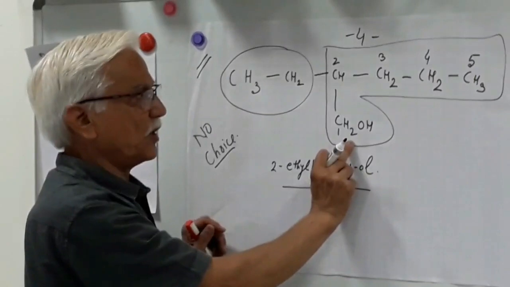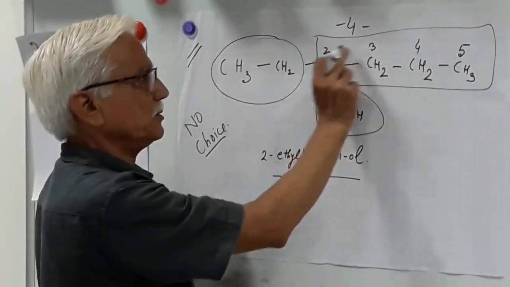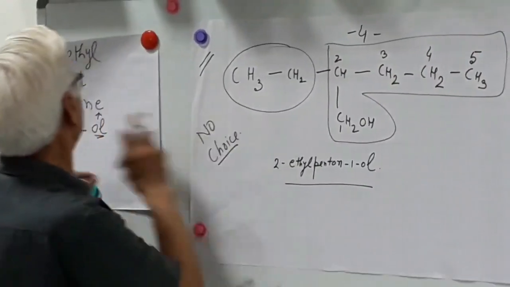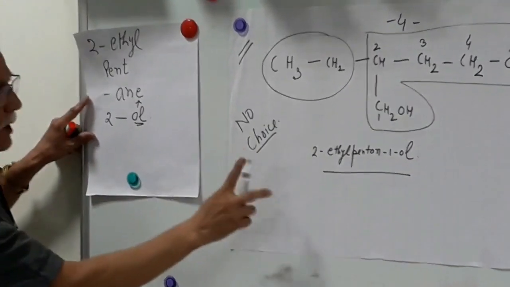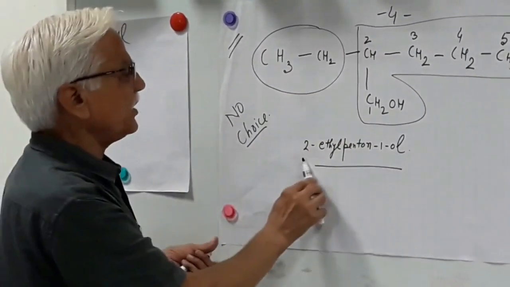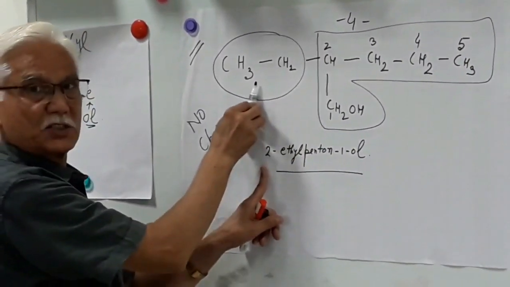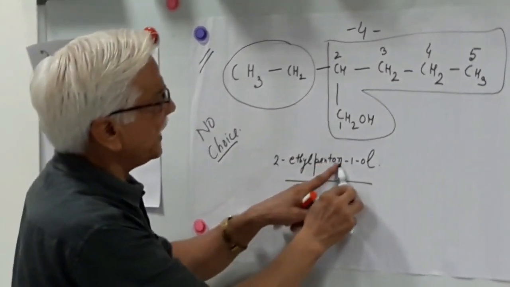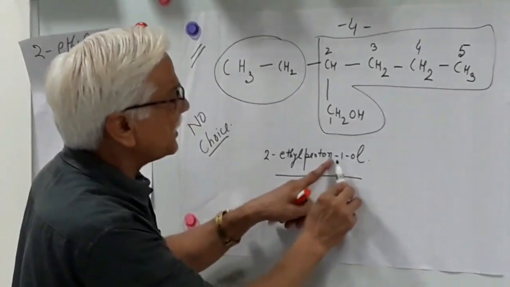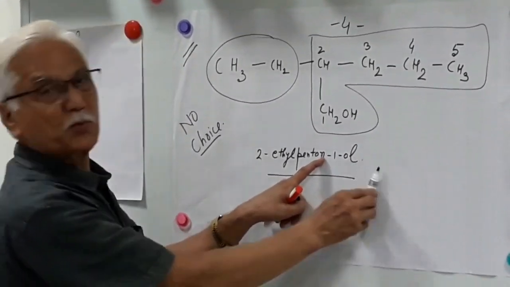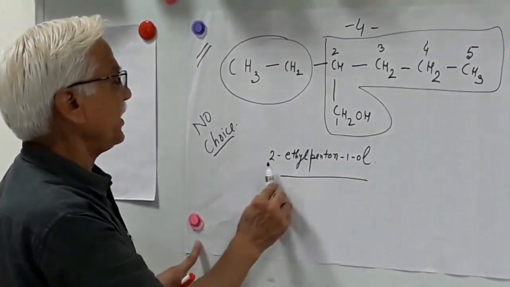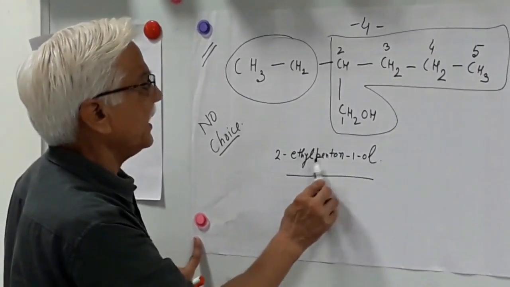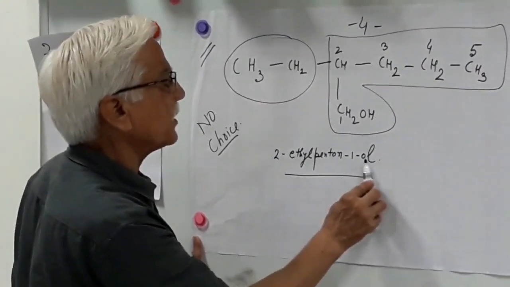Functional group at first position, total number 1, 2, 3, 4, 5. So the name will be 2-ethyl, because the side chain is at 2. Pentane is the root word and hydrocarbon. The "e" is kicked out by "ol" and this is the position. So the name will be 2-ethylpentan-1-ol.